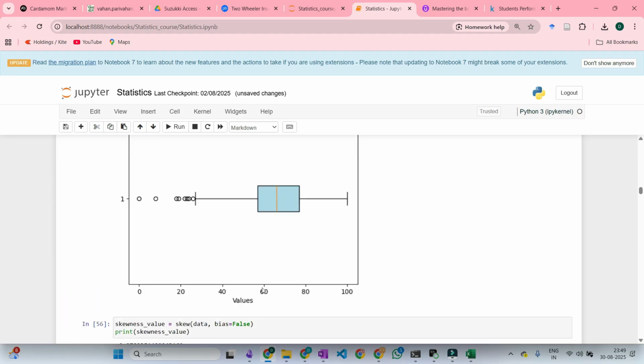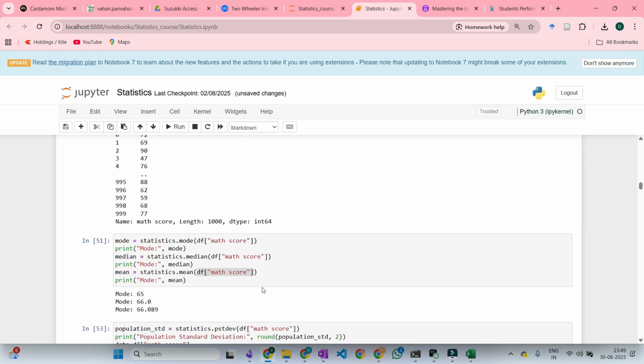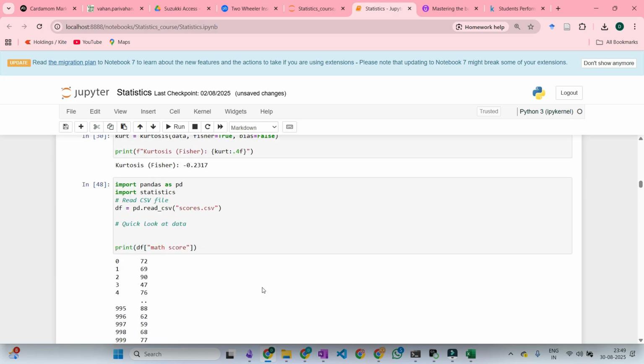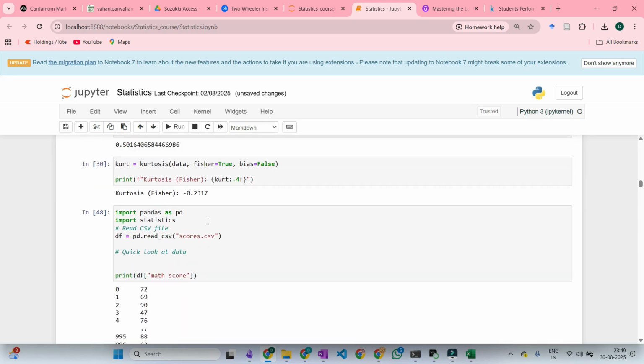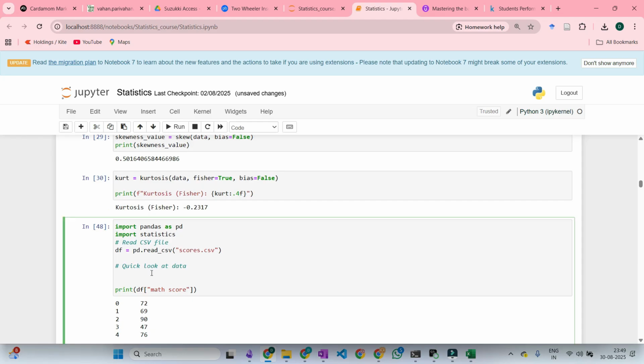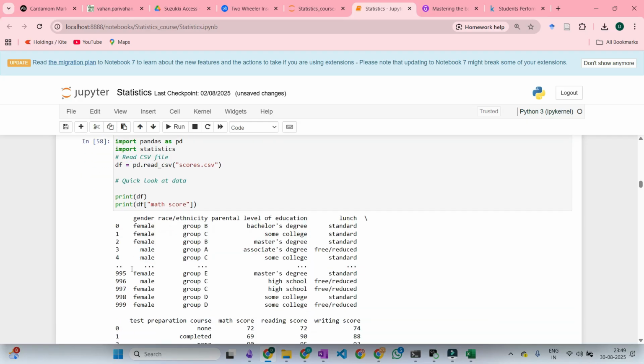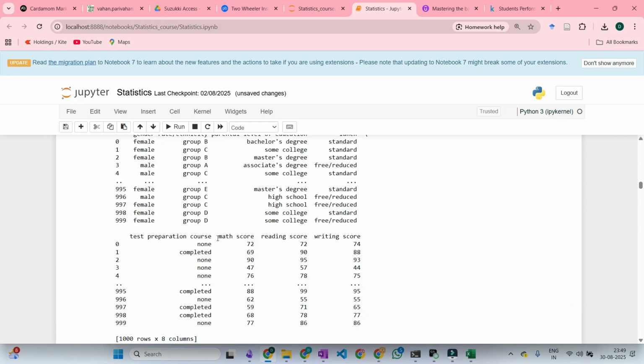To get an idea about the data. For this particular case, let us print that df once more. See, I have taken only one column, that is corresponding to the math score. Now I can take the reading score and find the average. I can find the writing score, you can do that, and then you can make a comparison.